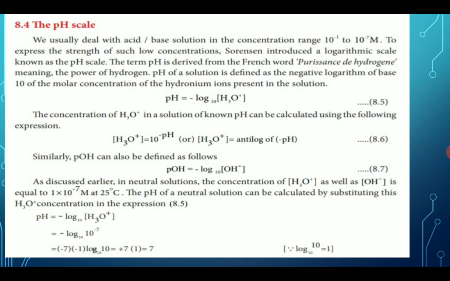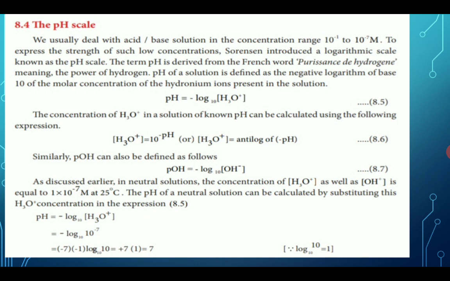The concentration of the hydronium ion H3O plus in a solution of known pH can be calculated using the following expressions. So how to calculate? You might have studied log form and without log form in mathematics during 9th or 10th standard.